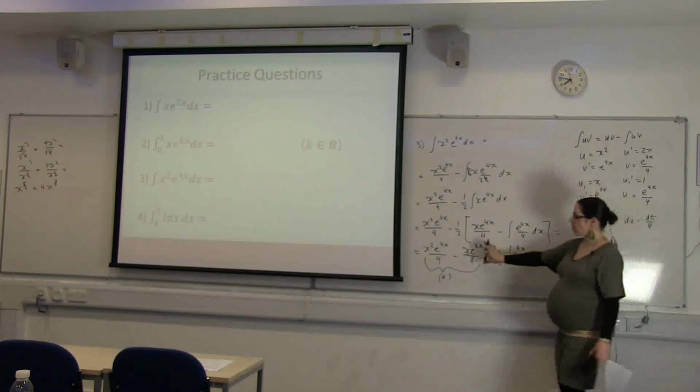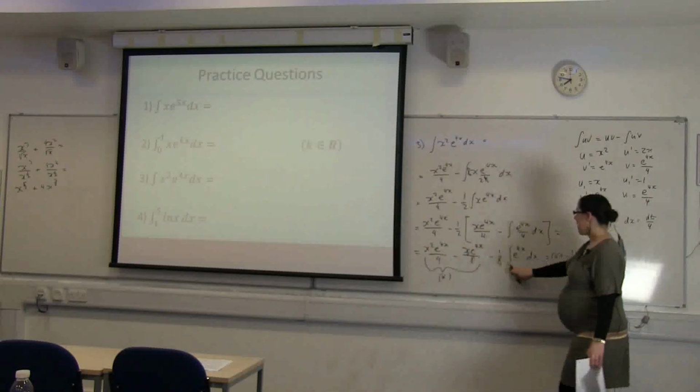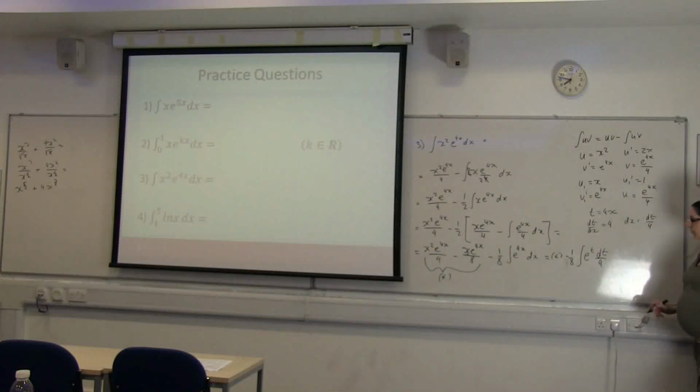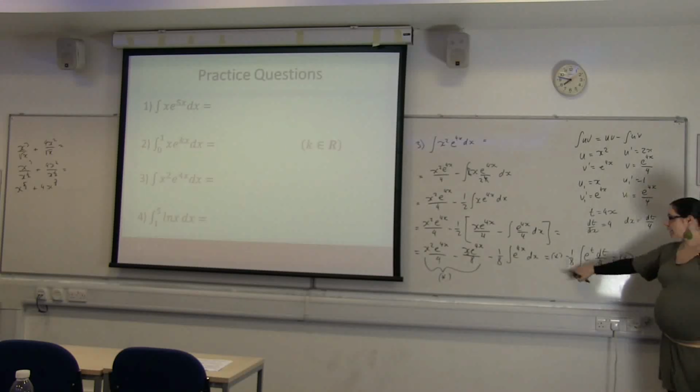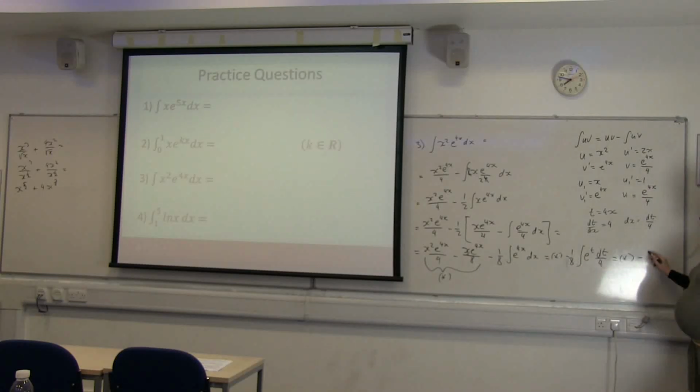So those two terms at the front minus the last integral, and that is equal to still the star minus, bring out the 4, 1 over 32 times the integral of e to the t dt. The integral here, e to the t, what was t? 4x.